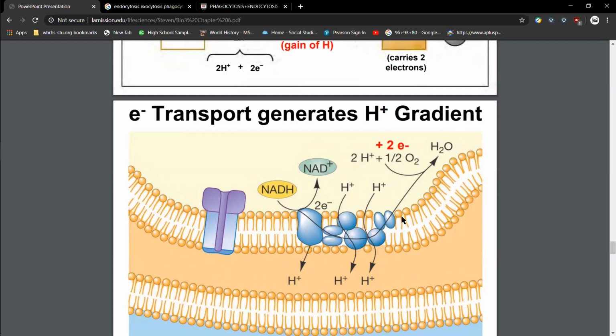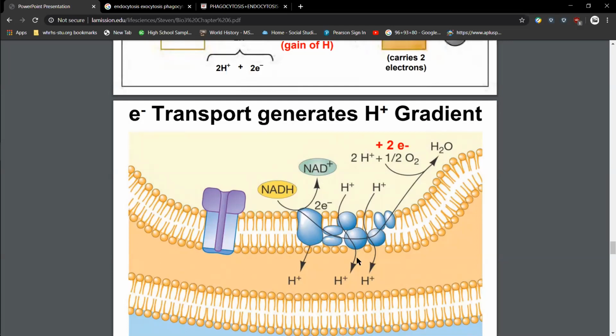So that's why we need oxygen. If you don't have oxygen, the electron is just stuck in the chain, and it backs up the chain because oxygen is not taking it out. So that's why you need oxygen for respiration. When you don't have oxygen, you can't do cell respiration because your electron transport chain is backed up.